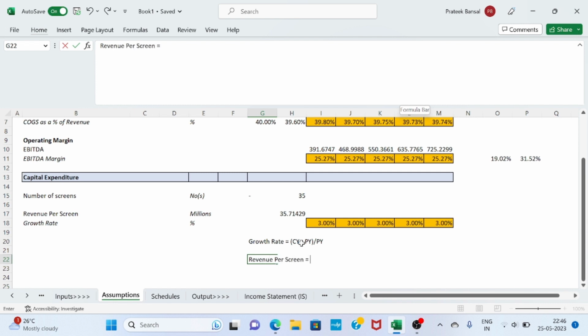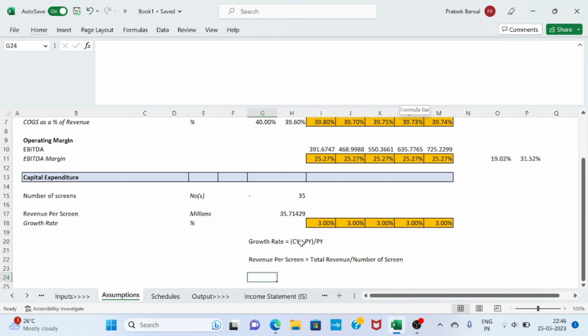Revenue per screen is equal to total revenue divided by number of screens, right? This is how we have calculated this figure 35.71, right?